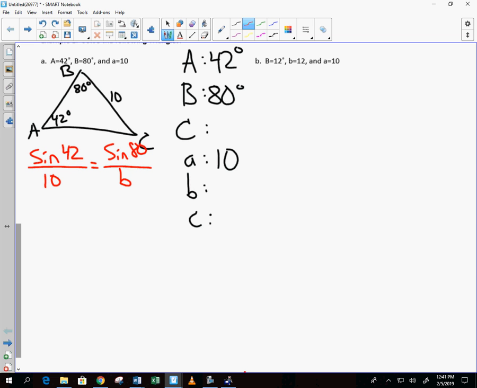Excellent. I cross multiply. I get 10 sine of 80 is equal to b sine of 42. Divide both sides by the sine of 42. That's going to give us the result.